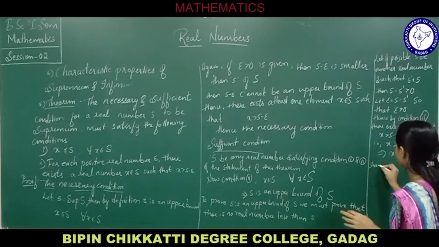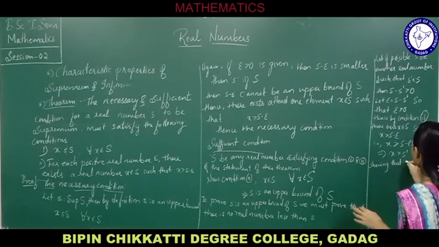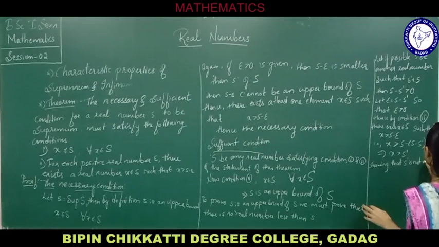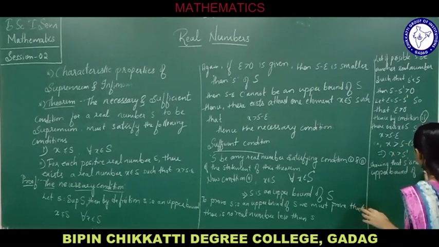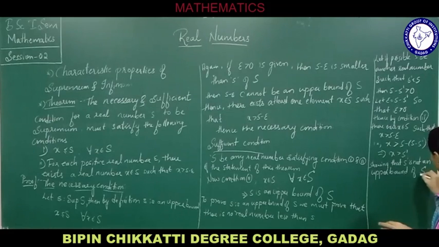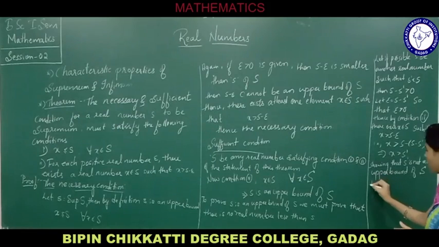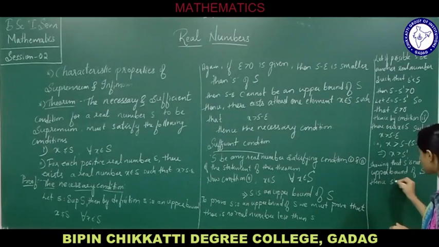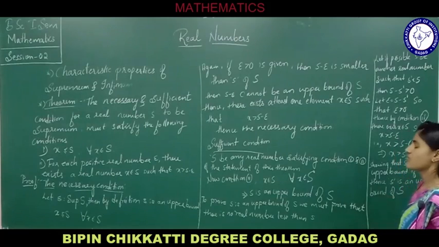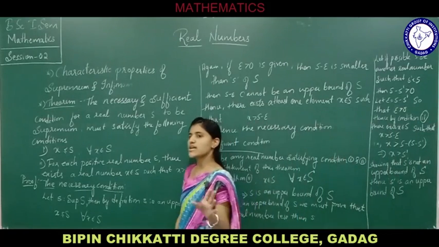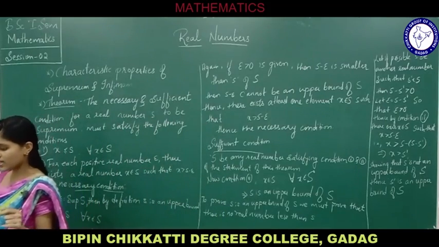What we are showing now is that s dash is not an upper bound of S. It shows s dash is not going to be the upper bound of S. Hence, since s dash cannot be the upper bound, s is the upper bound of all real numbers less than s.